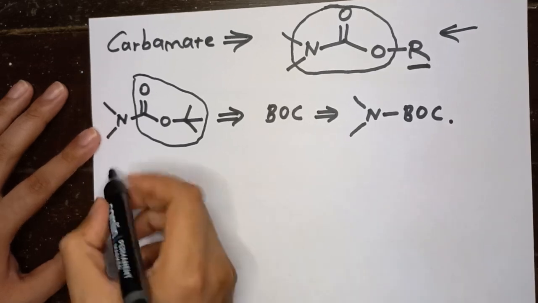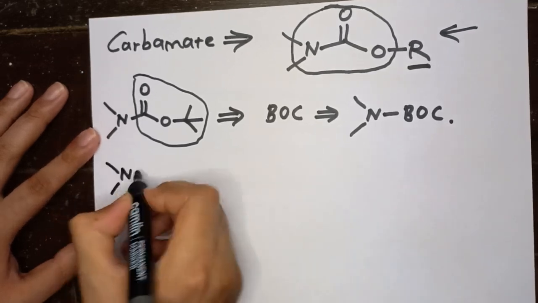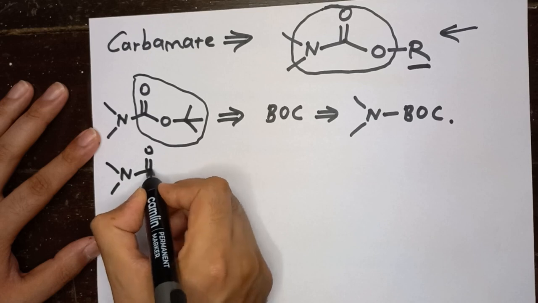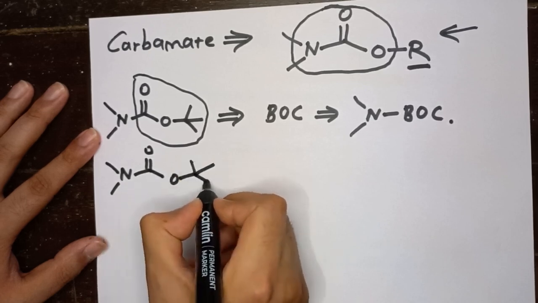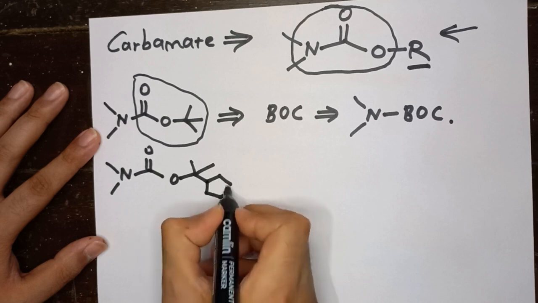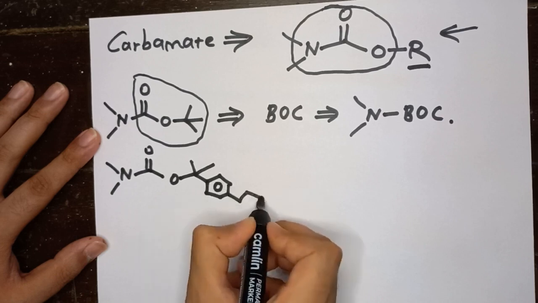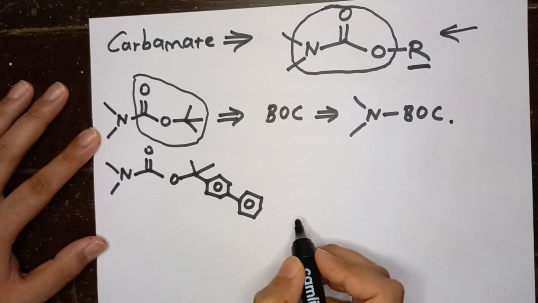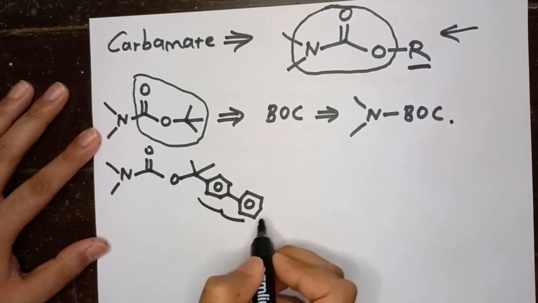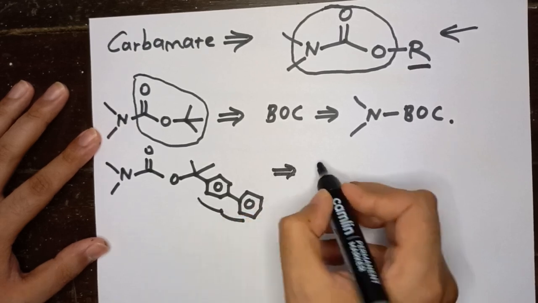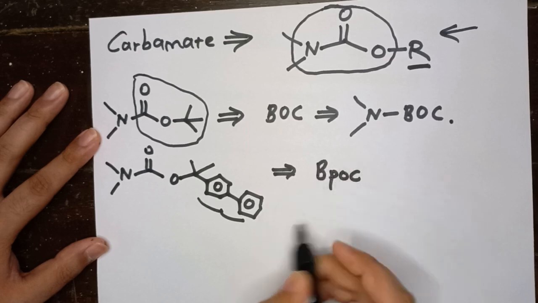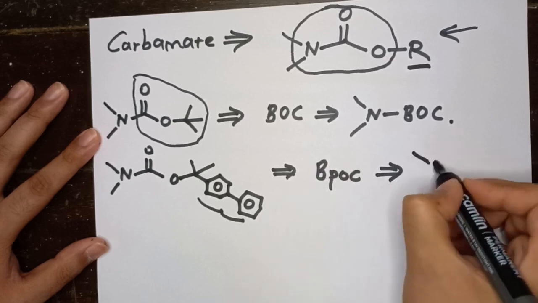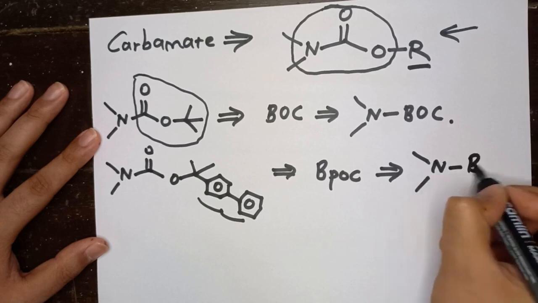Fine. Suppose this R group is this group, a biphenyl group. So this is called BPOC, and this can be written as N-BPOC.